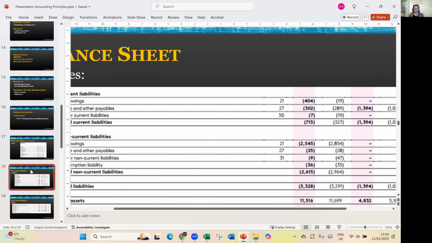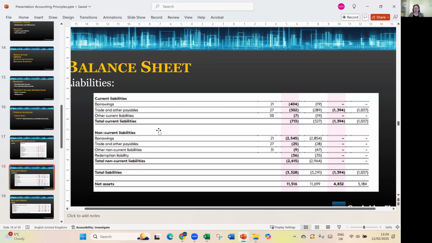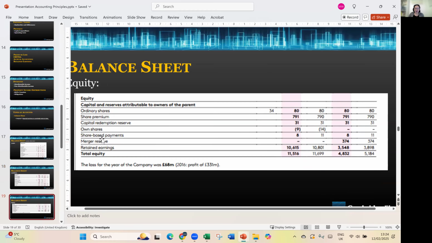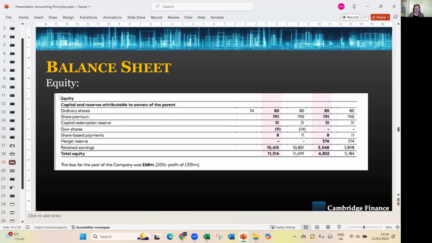And then you're going to have your liabilities, and your liabilities here are your mortgage, for example, everything that you owe. And then at the end, you're going to have your equity here. So it's the difference between what you own and what you owe, and that is the equity. So that's the net asset value.